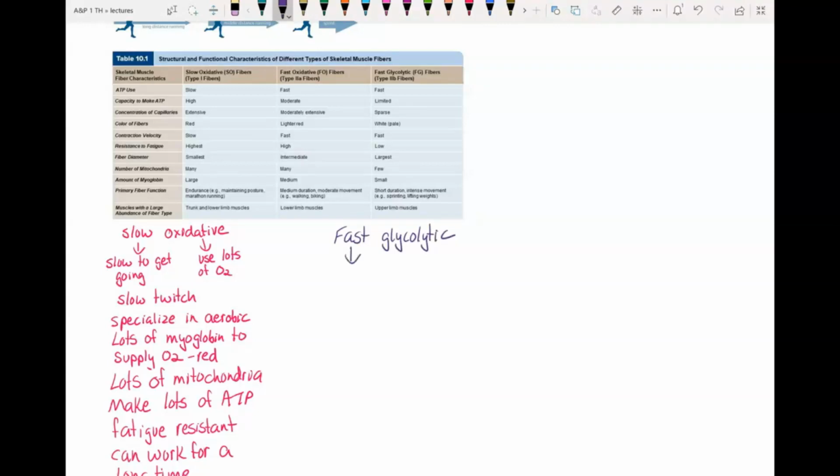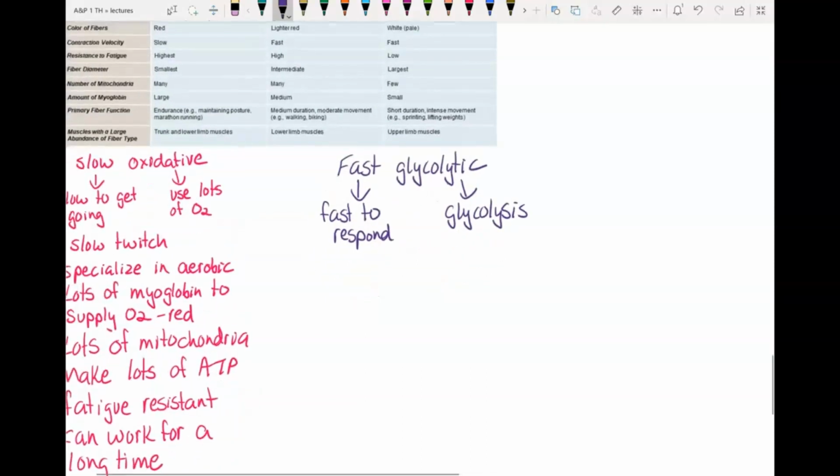They are fast because they are fast to respond. And glycolytic means that they use glycolysis. So these fibers specialize in method number 2, the anaerobic. So they're using lots of glucose.